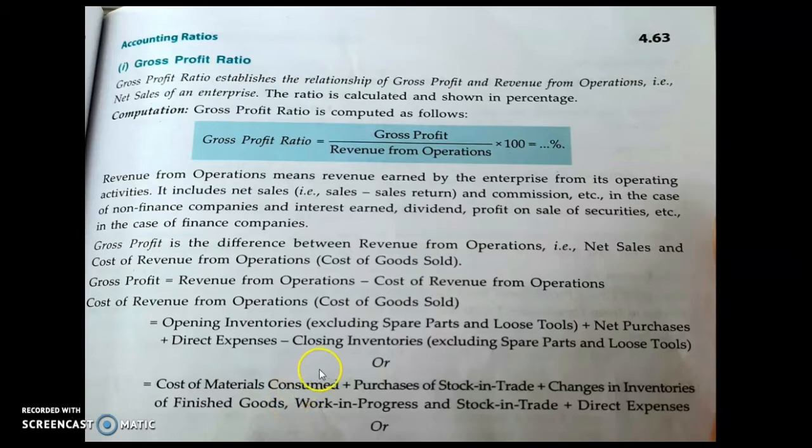The other formula for cost of revenue from operation is revenue from operation minus gross profit, if you are asked to calculate cost of revenue from operation. So these are the formulas related to gross profit ratio.